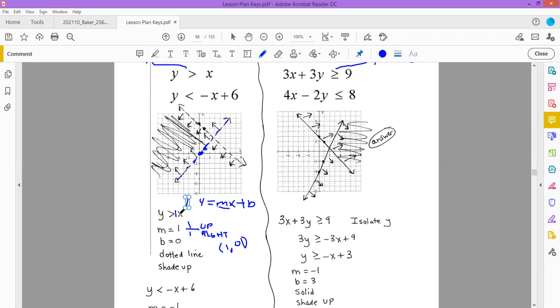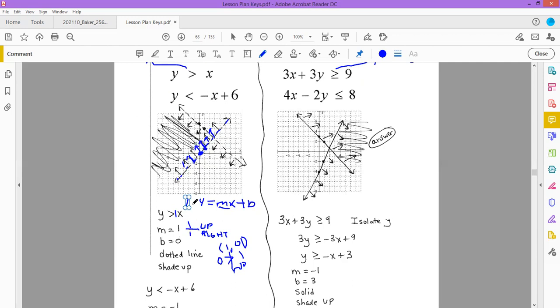We're substituting 0 for y and 1 for x. So we want to know if 0 is greater than 1. No, that's not true. So 0 is not greater than 1. So we're going to shade the opposite section. That'll be to the left side and above this line.